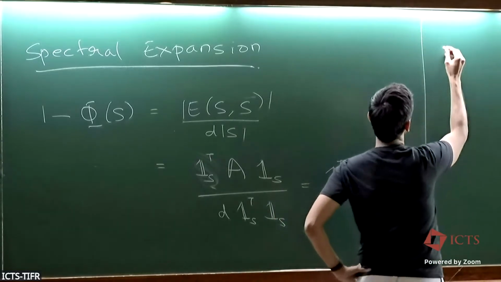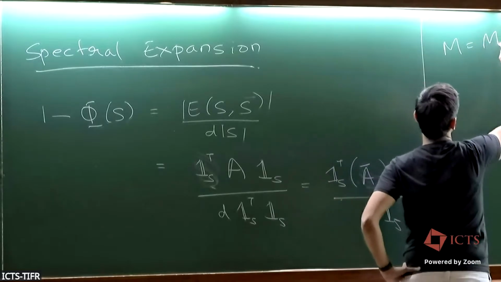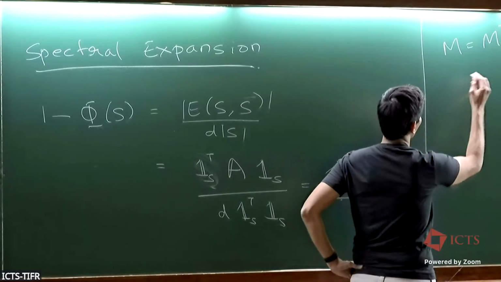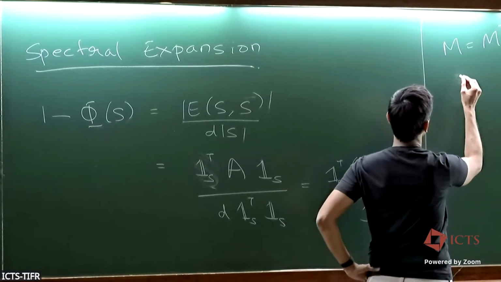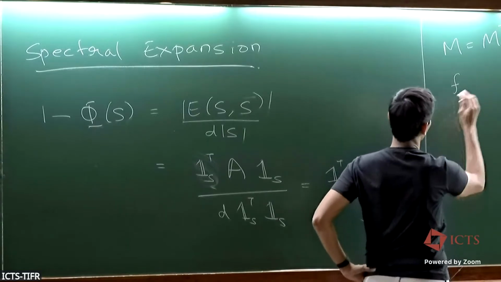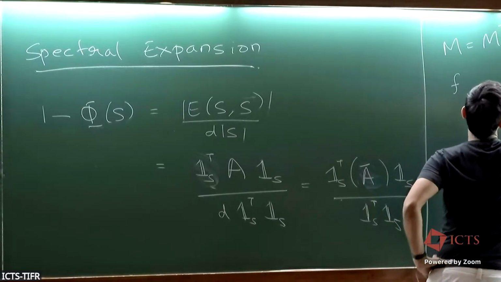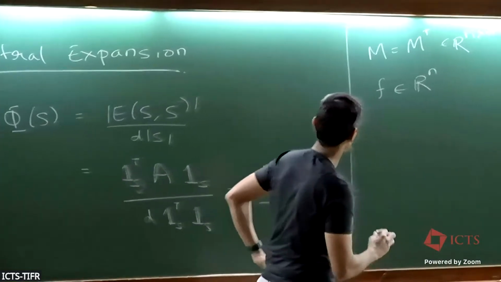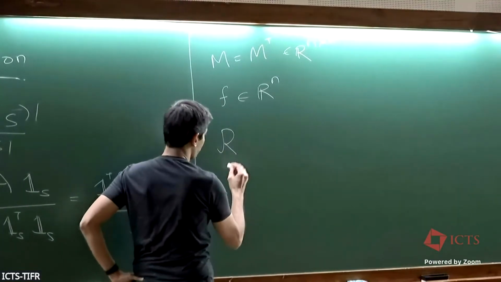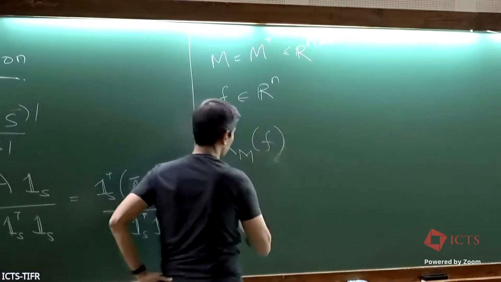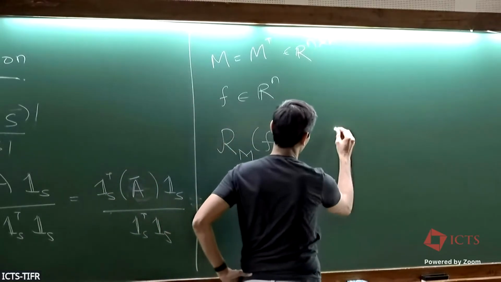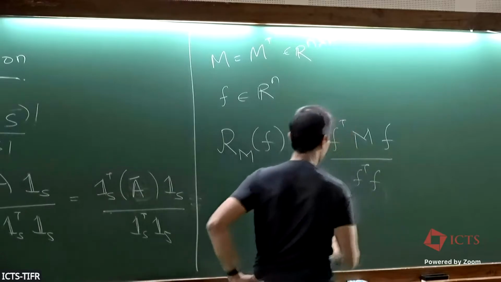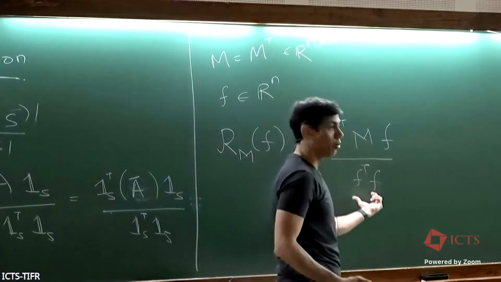For any symmetric matrix M, and we'll generalize this in a bit, and for any function f, where this matrix is n cross n, and this function is just an n vector, the Rayleigh quotient of this matrix and this f is defined as that expression. It's just the quadratic form divided by the length of the vector.